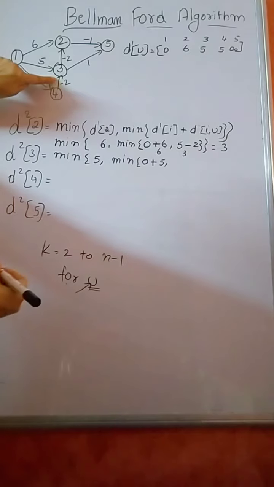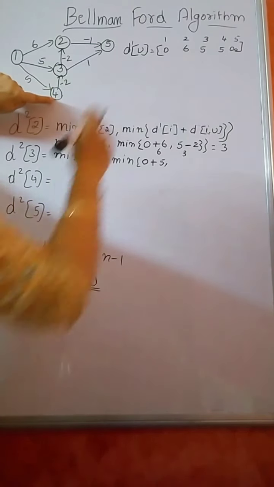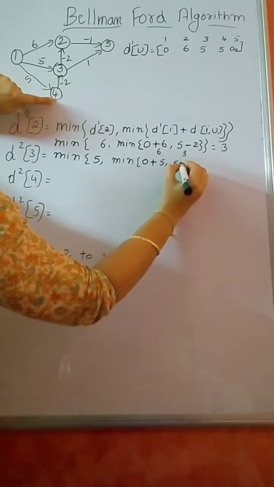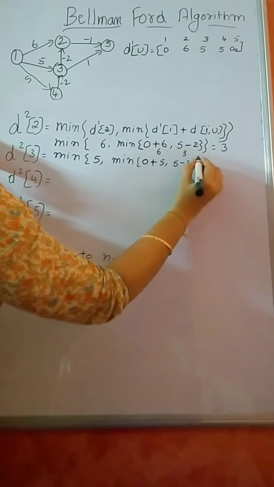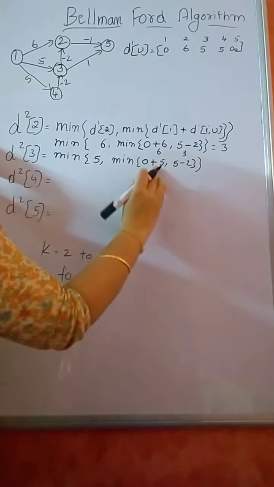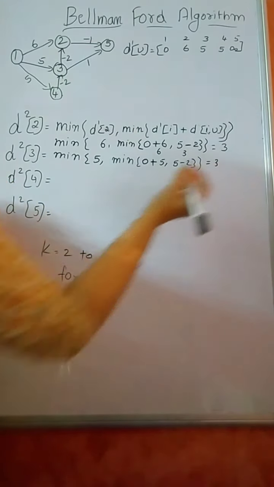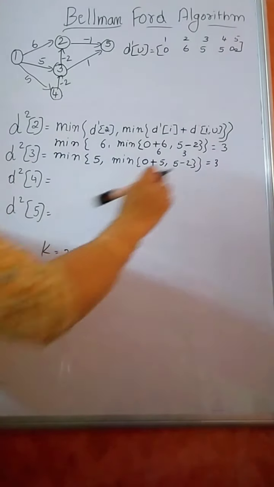Next, one more incoming edge is there from 4 to 3. Therefore the distance till 4. What is the distance till 4? It is 5. Then minus 2, since 4 to 3 is minus 2. Which is the minimum among these? It is 5, 5, 3. So the distance is 3. Don't update the distance to 3 as 3 immediately.